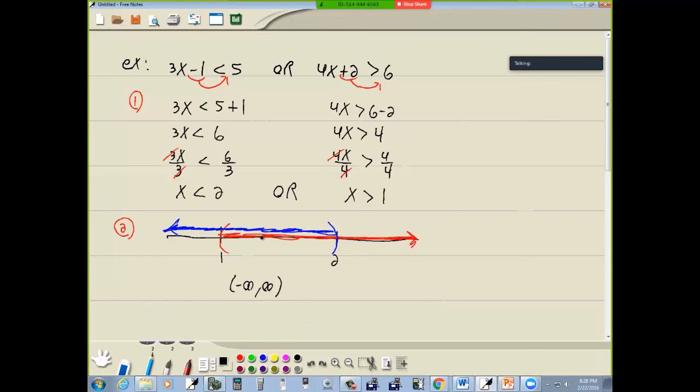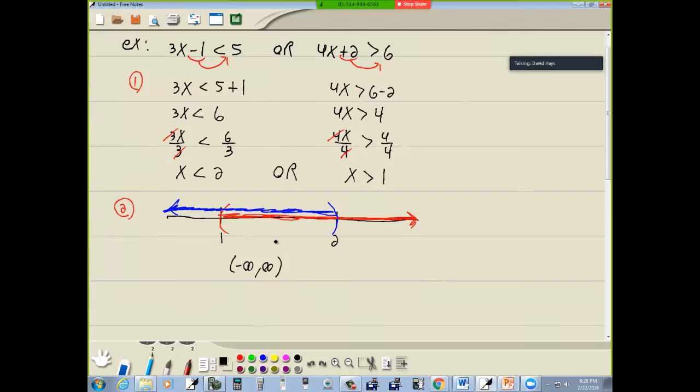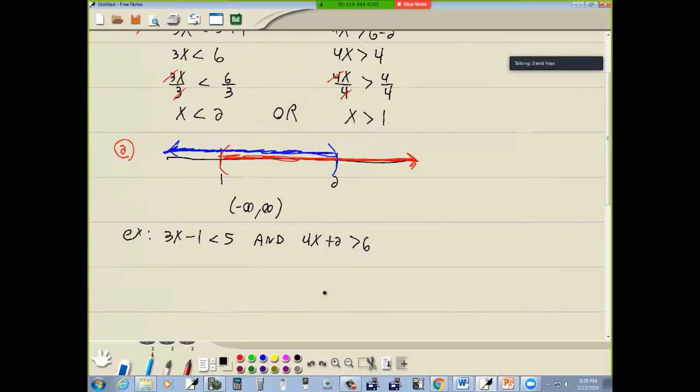Now this actually would be a perfect one for the AND. So let me work this again with an AND in there. So we've got 3x minus 1 is less than 5, and 4x plus 2 is greater than 6. It's going to give us the same answer. We'll have x is less than 2, and we'll have x is greater than 1.